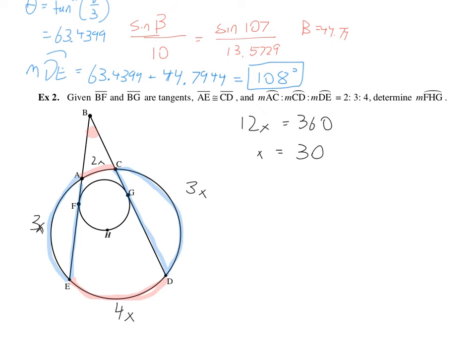Measure of angle EBD equals 4 times x, so 120, minus 2 times x, 60, divided by 2. So it looks like EBD is going to be 30 degrees.